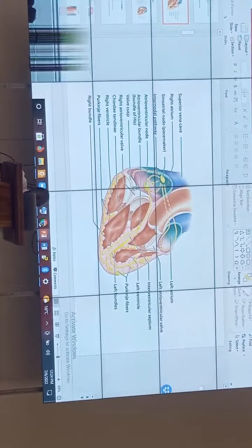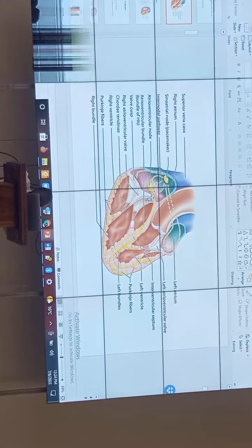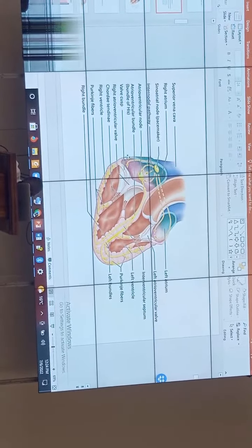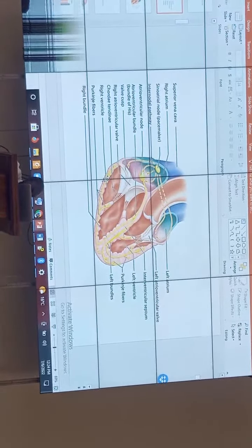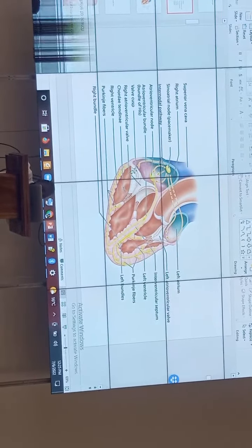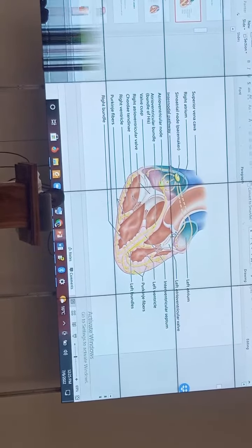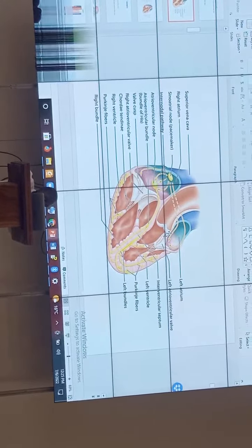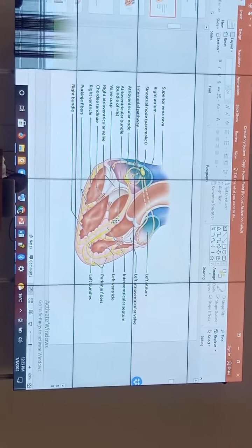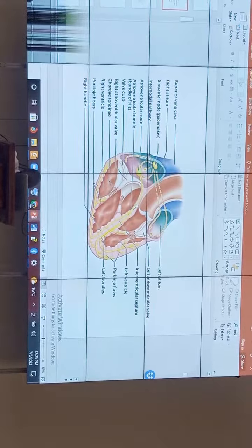Remember that the cardiac skeleton is an insulator, which does not allow impulses to cross from the walls of the atria to the walls of the ventricles. In between the atria and the ventricles is the cardiac skeleton, and it does not allow passage of what? Impulses. So the only structure that can carry impulses to the ventricles is the atrioventricular bundle of His.